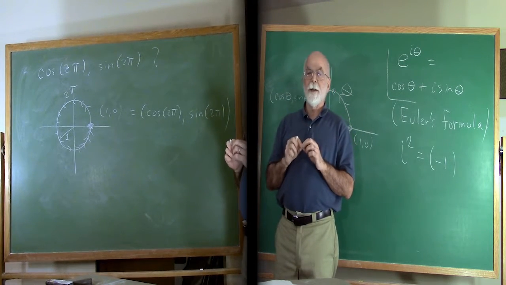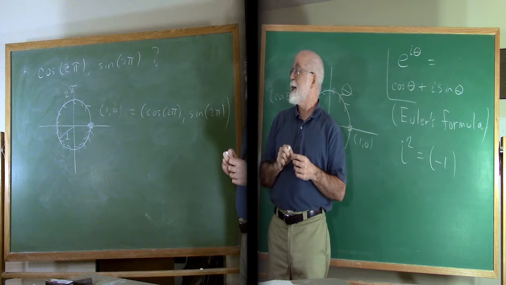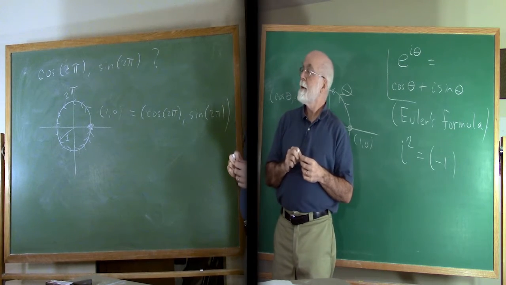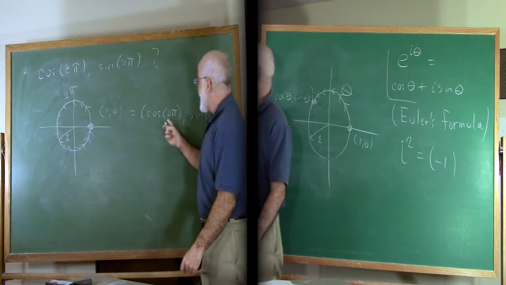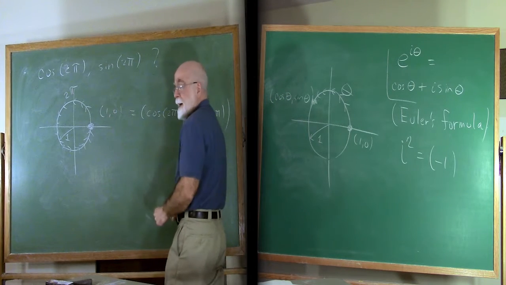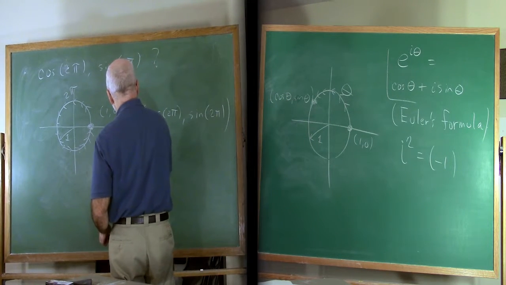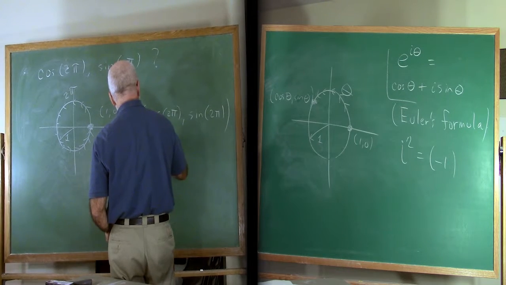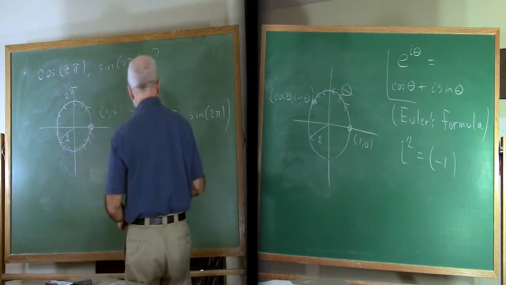Notice that we actually get both pieces of information at once. Equality of ordered pairs means the first coordinate has got to match. So we know that cosine of 2 pi is 1.